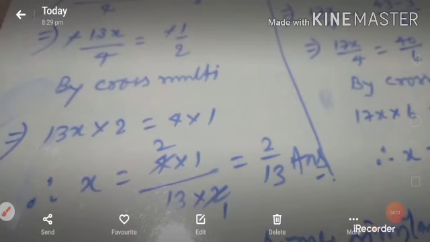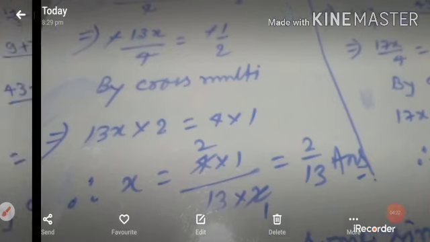In the previous method you have already learned that we have to cross multiply, because there is one division on both sides.